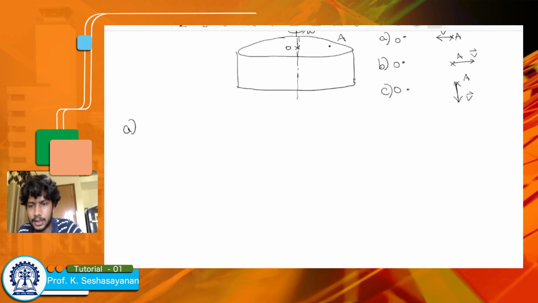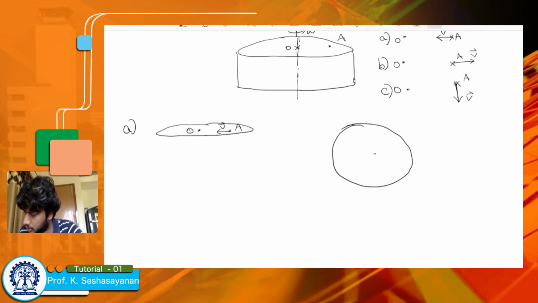So I'll just draw the top surface, and we have a point O, we have a point A, and the ant is moving towards the left with the velocity V. And what we will do is to also look at it from the top.